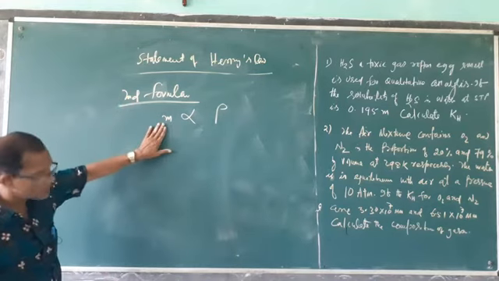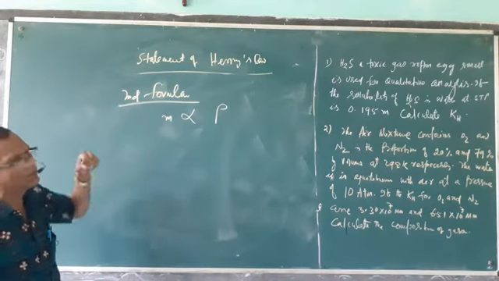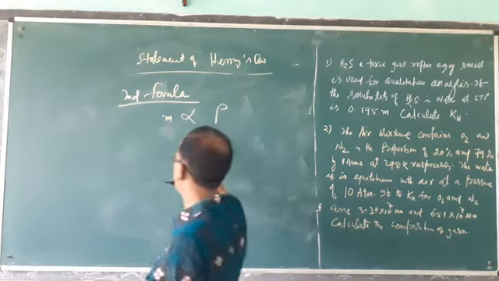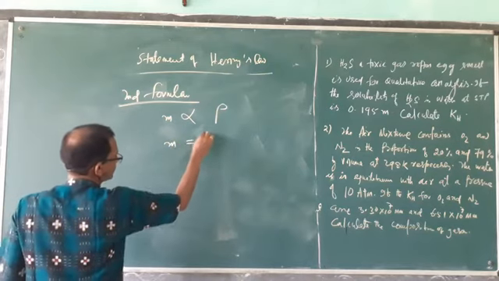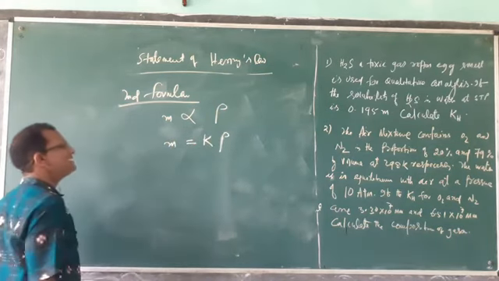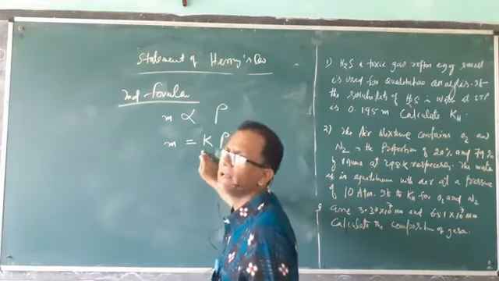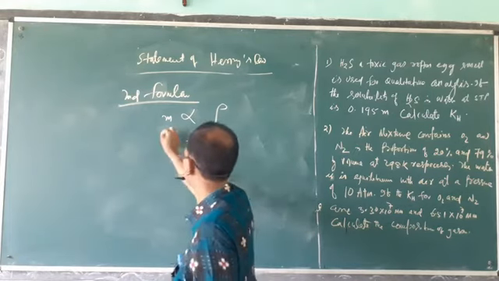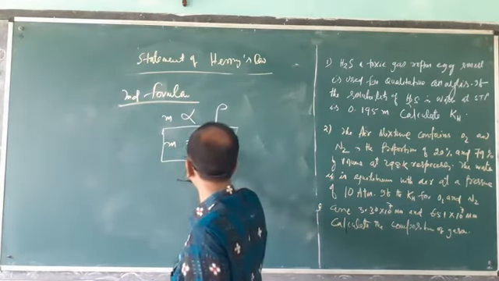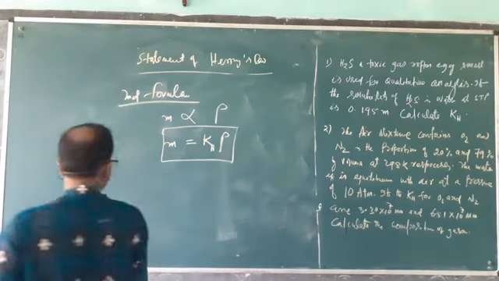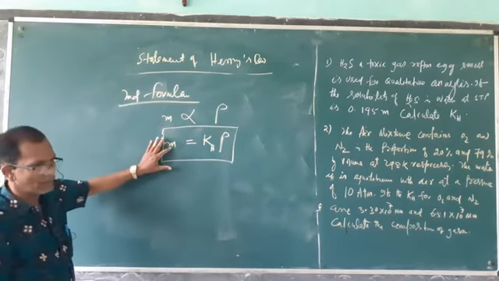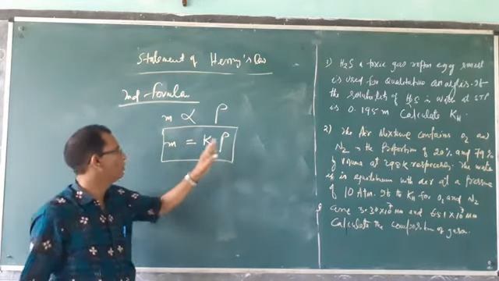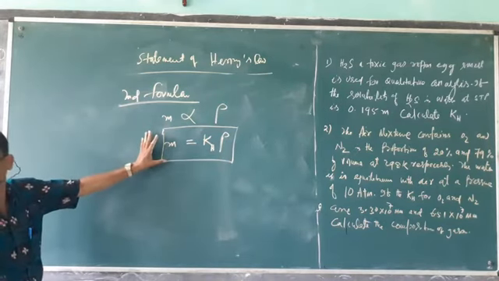Here the amount of substance dissolved in the solvent is also directly proportional to partial pressure. That means m is equal to some constant K into P. This K may not be the Henry constant, it is any proportionality constant, but you can also write Henry constant, no problem. Same thing. So the amount of gas dissolved is directly proportional to partial pressure. This is the second formula of Henry law.